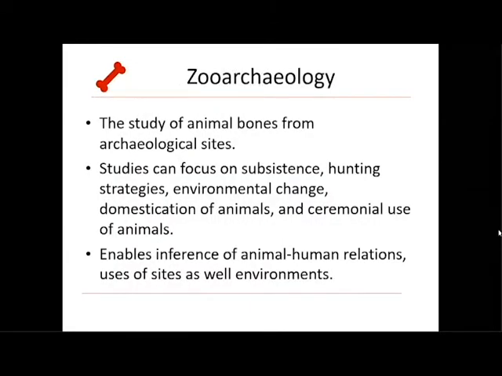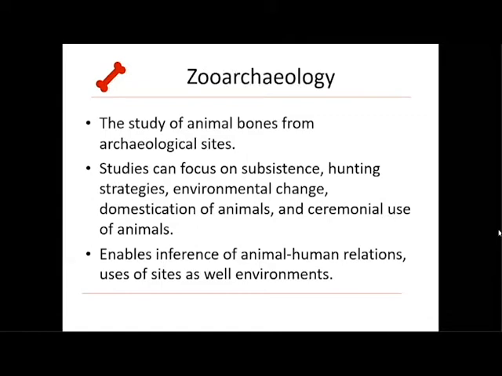So, basic definition, what is zooarchaeology? It is the study of animal bone remains from archaeological sites. By studying them, we can get information on various things regarding hominins, such as their subsistence behaviors, their hunting strategies, and other aspects such as environmental change.